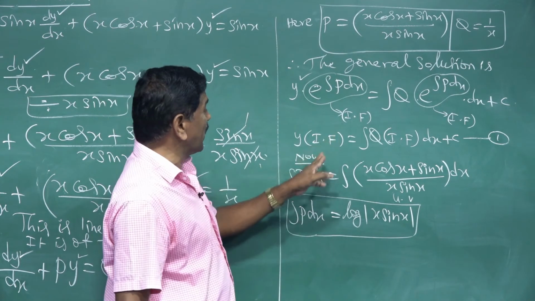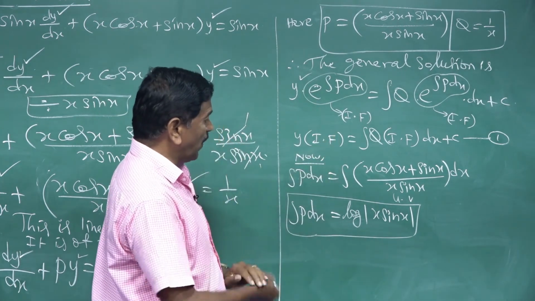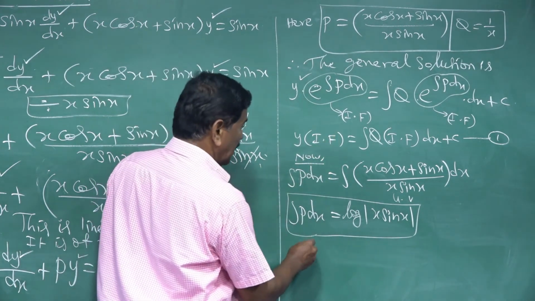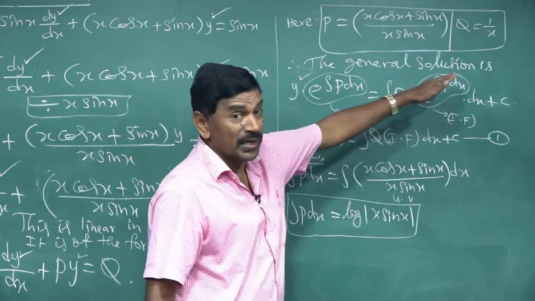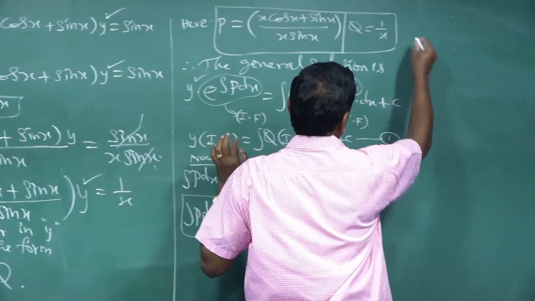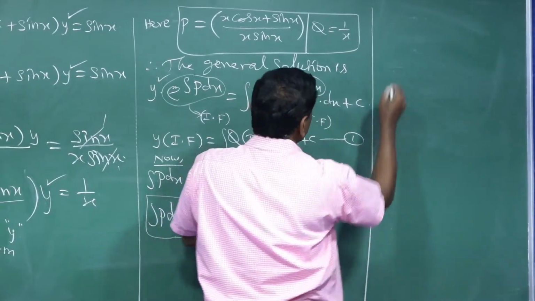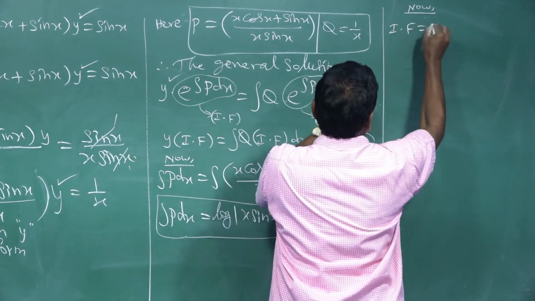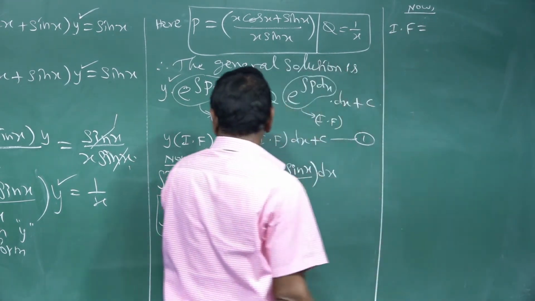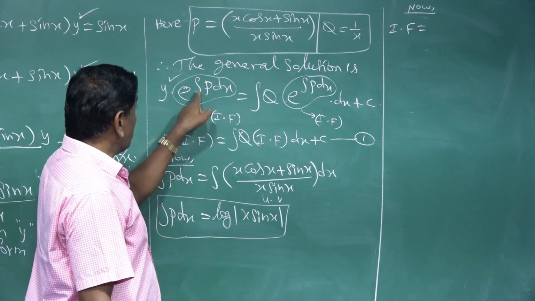Now I want to find the integrating factor. Listen carefully. Here there is no place downwards, so I need the next page. The integrating factor is equal to e power integral P dx.